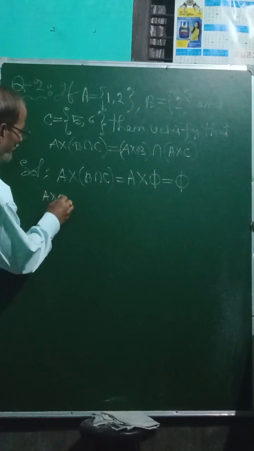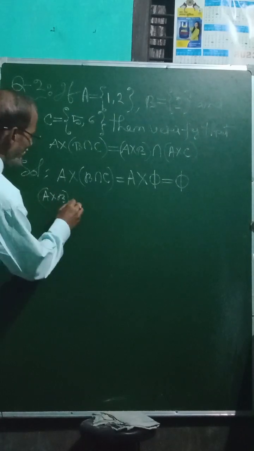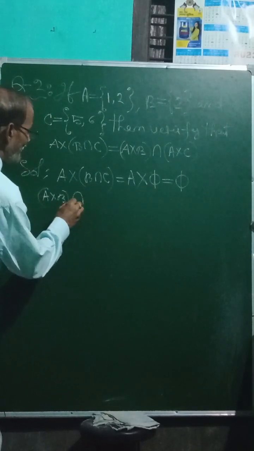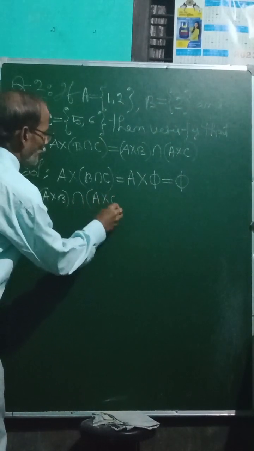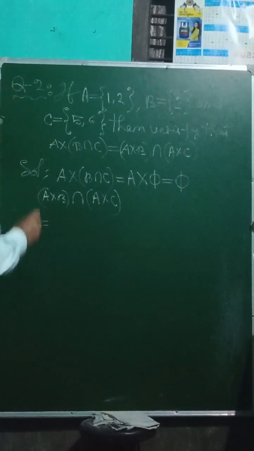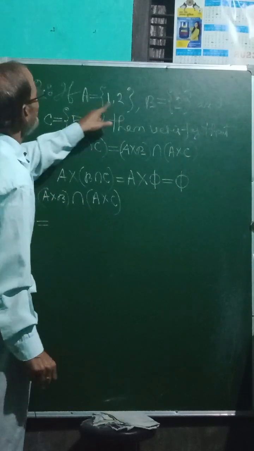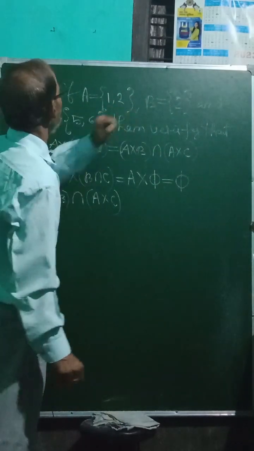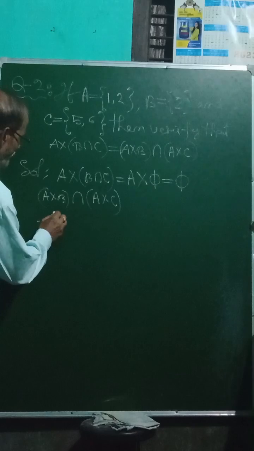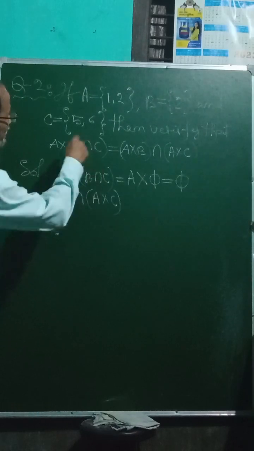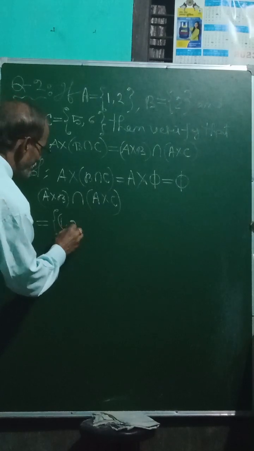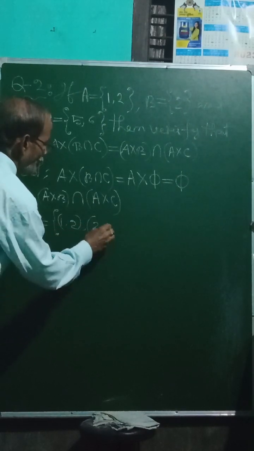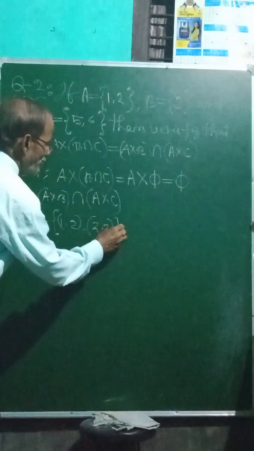Okay, again this side we shall verify now. (A cross B) intersection (A cross C). A cross B: take the set, first element 1, 2, second element 2, 2.